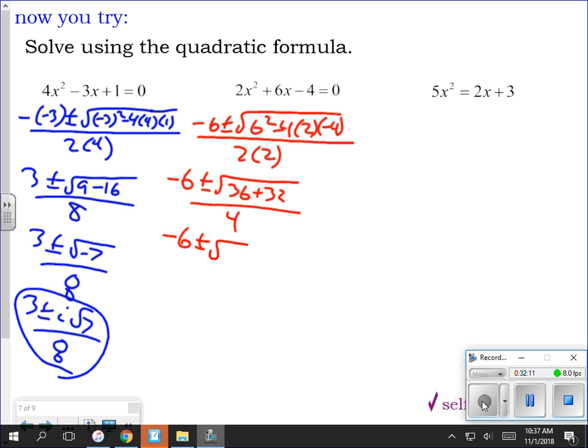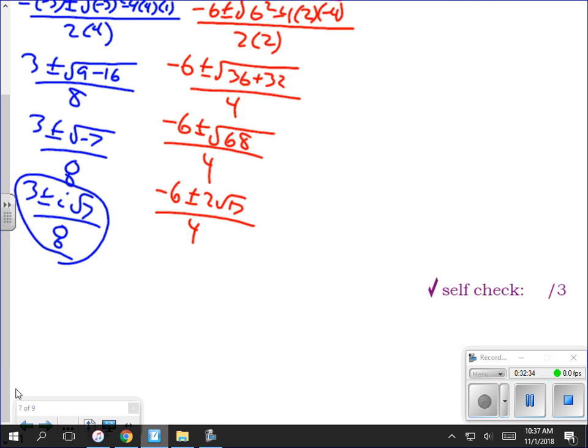Negative 6 plus or minus the square root of 68 over 4. 68 is 4 times 17, so this is 2 root 17. So negative 6 plus or minus 2 root 17 over 4, which means I have negative 3 plus or minus root 17 over 2, because I can divide them all by 2.